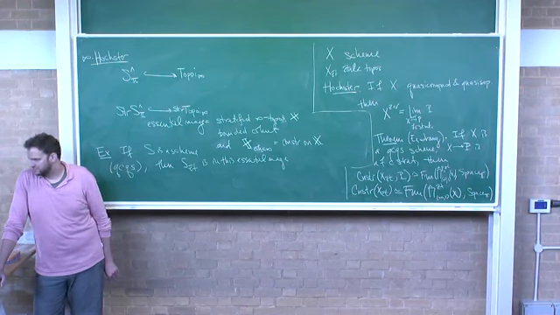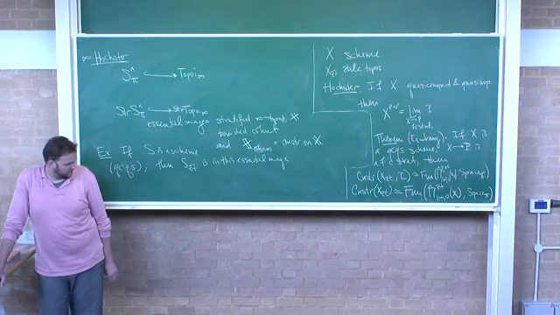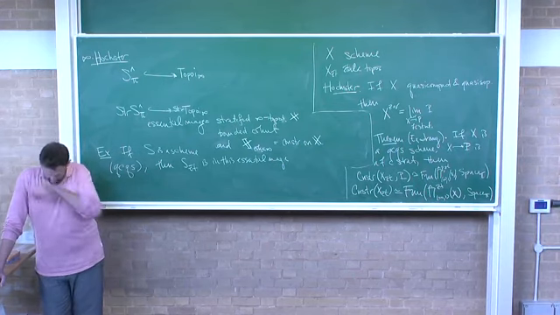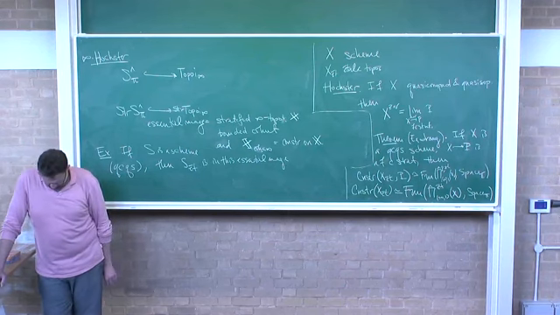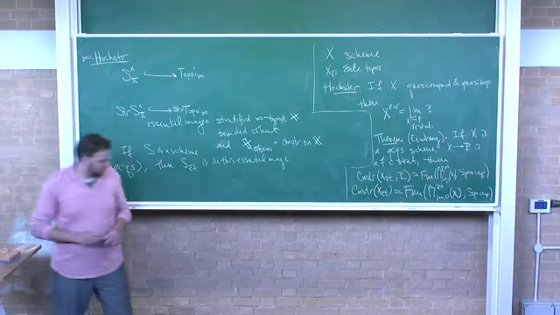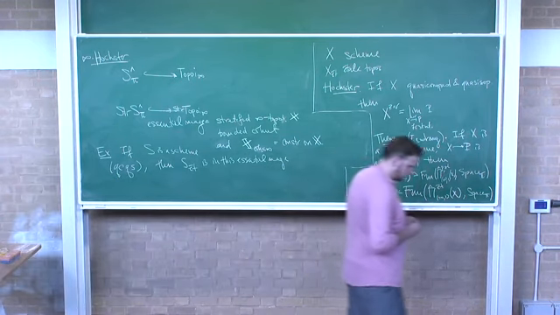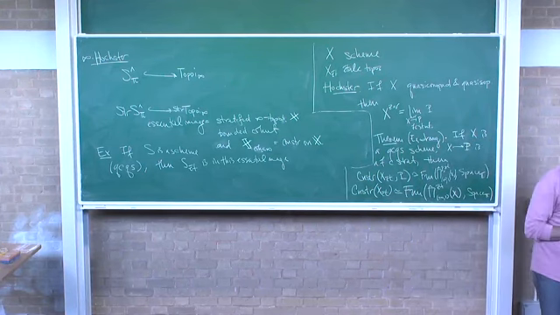Some of the information is there, but the fact that it's only faithfully embedded... You're saying there's no... Wait, let me make sure I understand the question. You're saying take BGM as a stack, right?